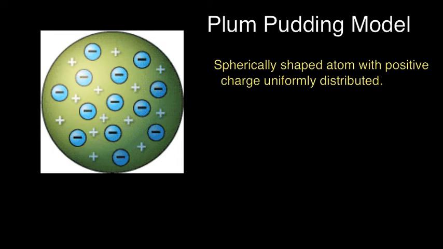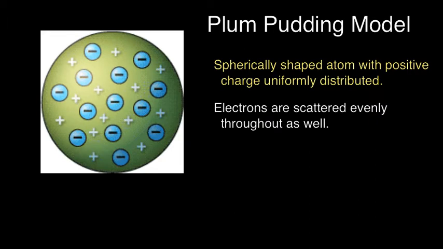And then we had all these negative electrons that were scattered throughout the entire atom. And it looks kind of like chocolate chip cookie dough or plum pudding, as you can tell here by the picture, with all those electrons just scattered throughout. And this model really did not last very long at all. It was just the first one to come along.